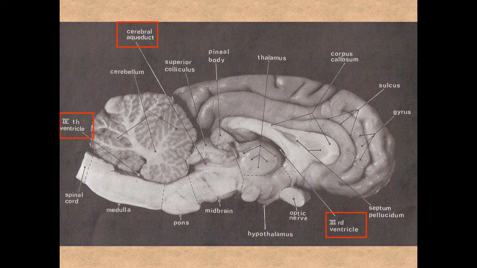So again, you're looking at the different ventricles right in here. And if you go past, this is not the best photo, but you see that there is a membrane. That's the septum pellucidum.